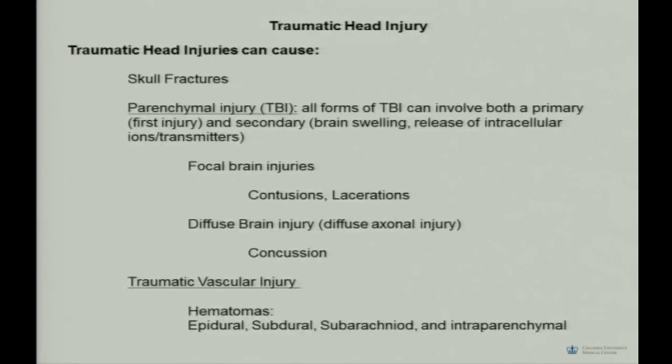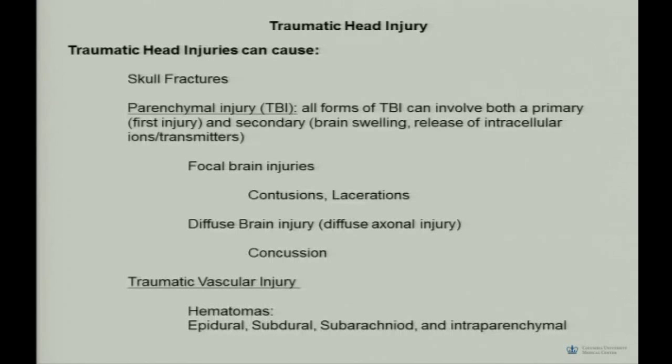And whenever you have a traumatic brain injury, you actually have two separate injuries. We refer to those injuries as the primary and the secondary injury. The primary injury with a trauma to the brain is the actual trauma.